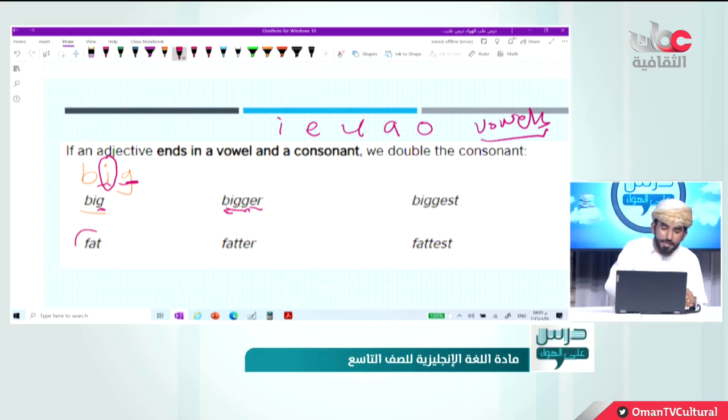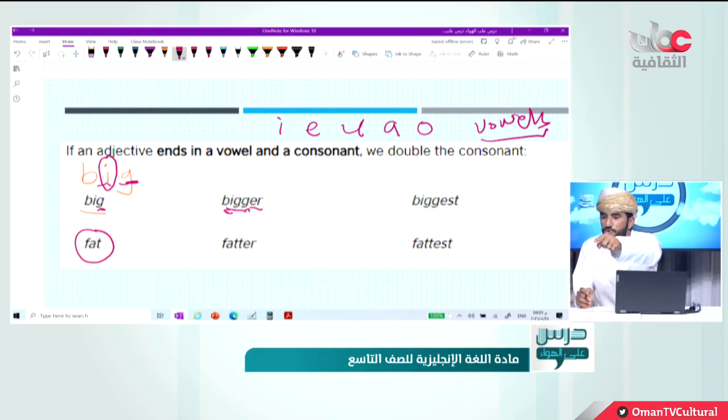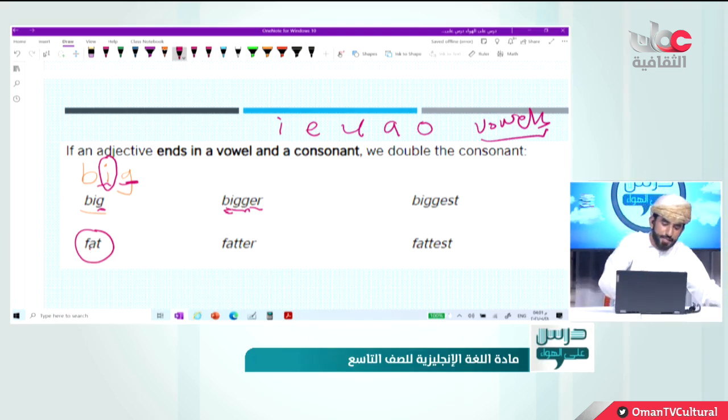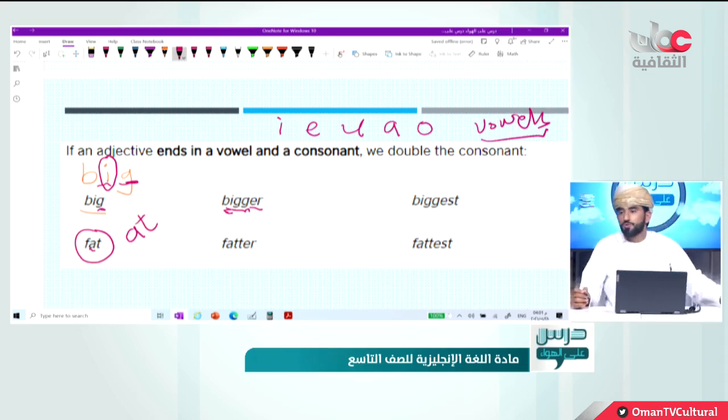For fat again, who can explain it to me? Yes, thank you. There is a vowel before the last consonant in the adjective fat. What is the vowel? Group C, thank you. A, exactly. So you've got A and then consonant T. What should we do here? Yes, well done.